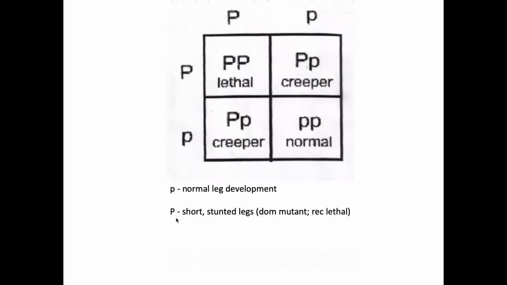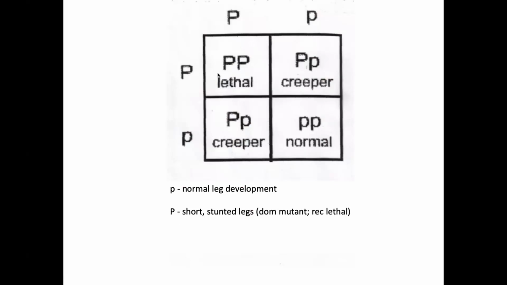It suggests that you're dealing with a recessive lethal allele. And in this particular case, if you're homozygous for the creeper allele, as shown in this Punnett square here, that's a lethal condition. So it's an example that's perfectly analogous to the previous one that I just described.